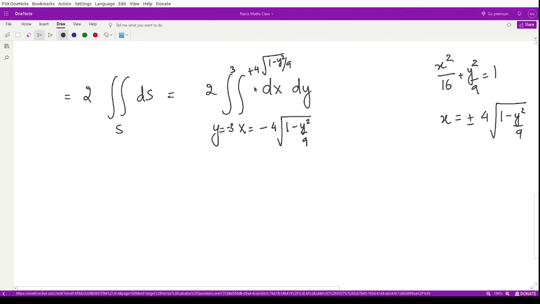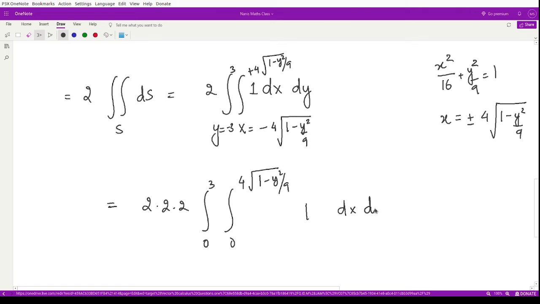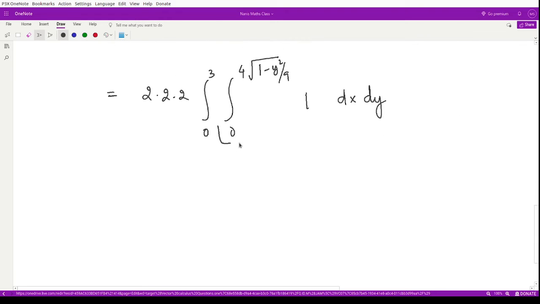Now here we have 1. So basically this is an even function. So we may rewrite our equation as 2 into 2 into 2 multiplied by the integration from 0 to 3, integration from 0 to 4 square root of 1 minus y square by 9, 1 dx dy. Now we'll perform the integration with respect to x first.